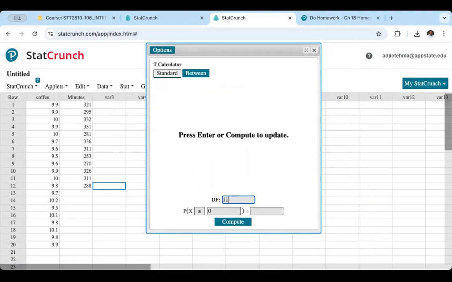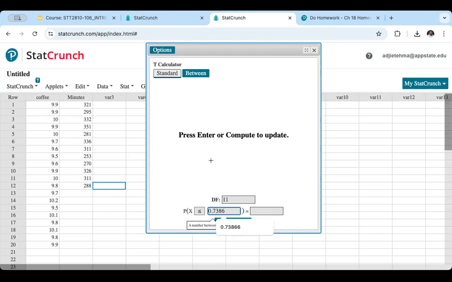Is that okay? Good. Step 2 is to put in the value of the test statistic. What is the value of our test statistic? 0.7386. So I come here and put in 0.7386. So put in your degree of freedom, the test statistic. Step 3 is you have to look at the alternative.